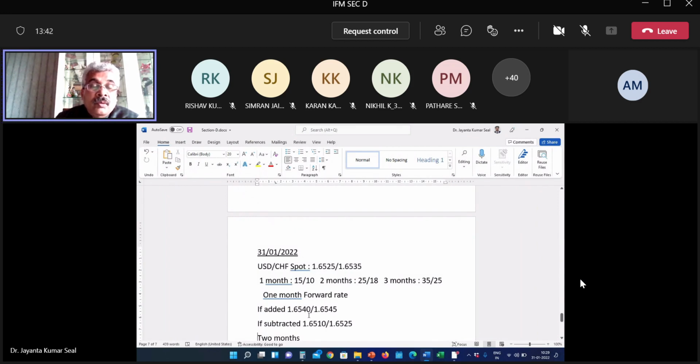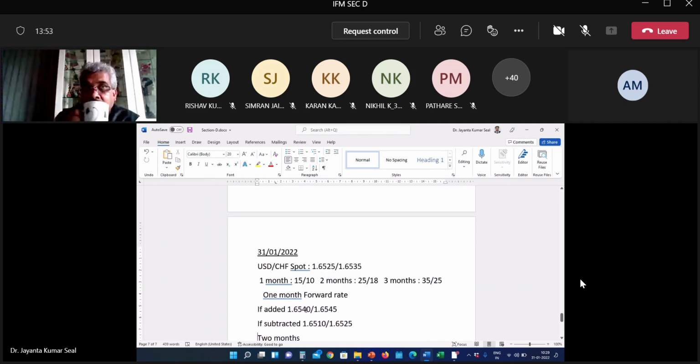That is applicable because when you go to a bank, the bank will always charge you more, pay you less. So when these rates are given, this rate must be more than this rate. Any question? You always pay more and get less.